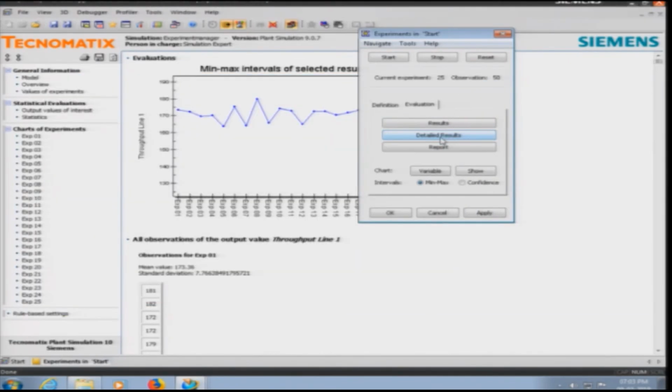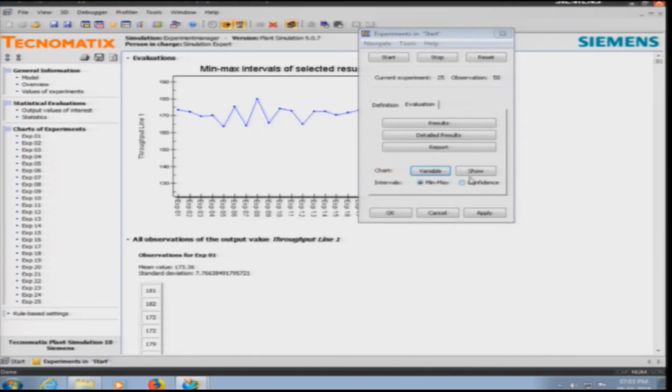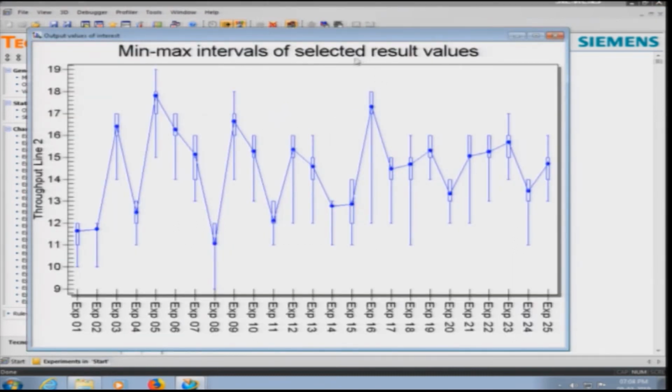So detailed results can also be produced. Now let us pick the variable line 2 and tell them to show. Now this is line 2, you can see the variability is quite high. The reason for this is that the number of units produced is only 14 on average.